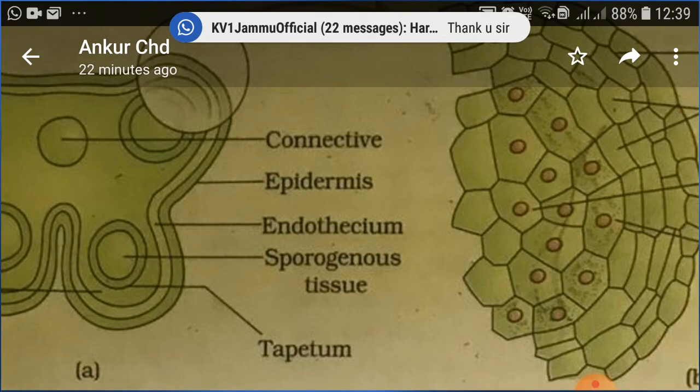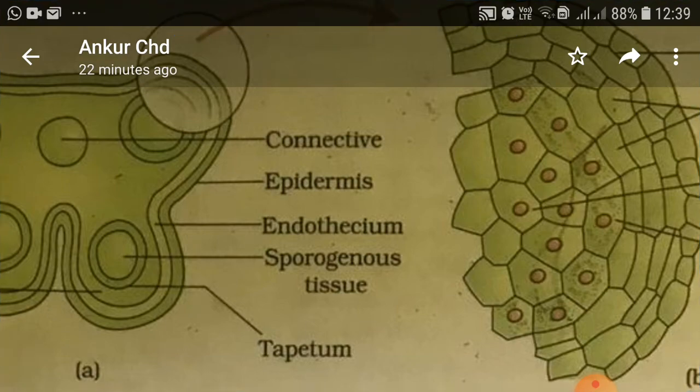Then next to it is 1 to 3 layered thickness of middle layers. Cells of these layers generally disintegrate in the mature anthers, and then a single layer of tapetum.